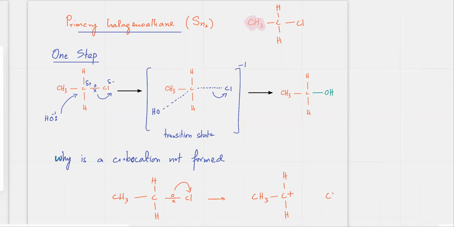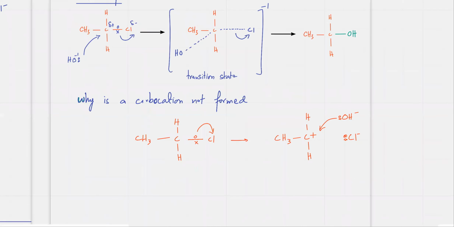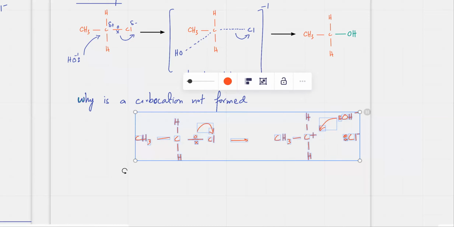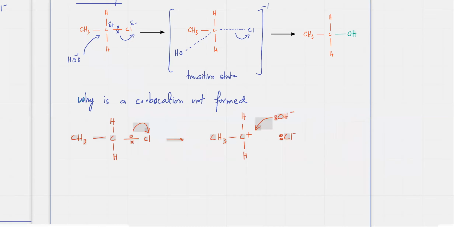And the Cl has broken off. And why doesn't the OH-1 come in and bond with this? That's the entire question. Why doesn't this happen?